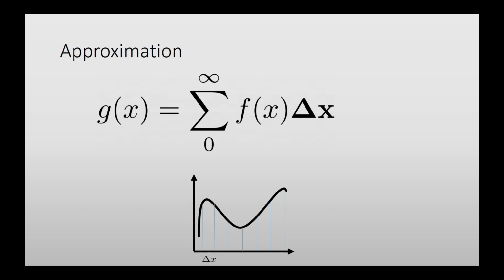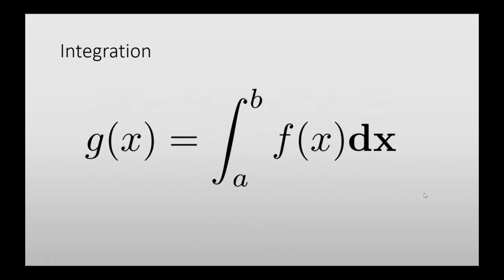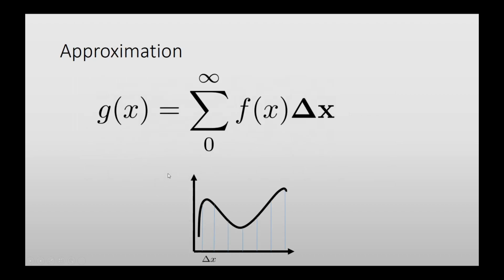So we can convert this integral to this summation easily, using a Riemann sum. Each part has a width of delta x, and there are infinite amounts of these parts. So what this sum does is divide the function into infinite parts, delta x's.